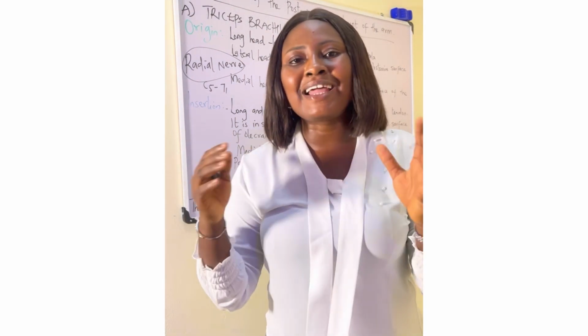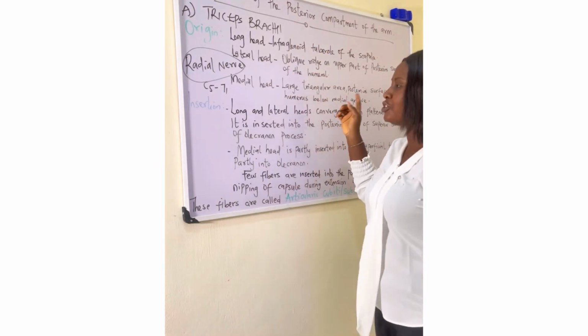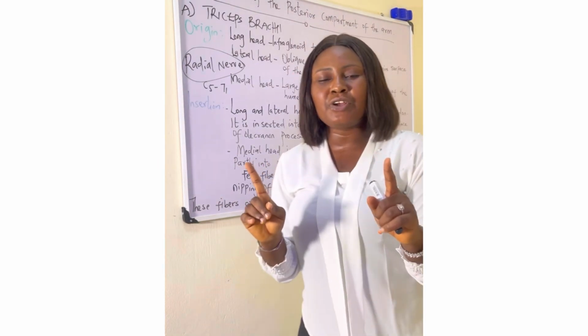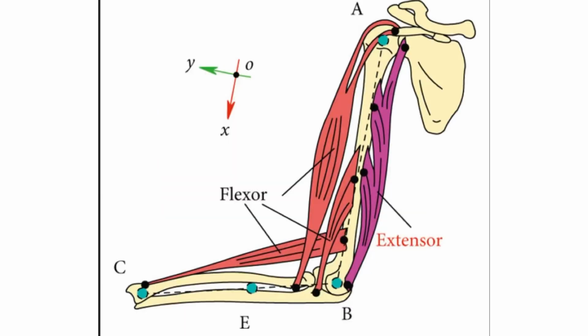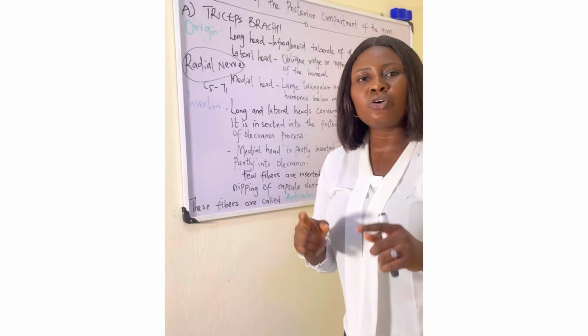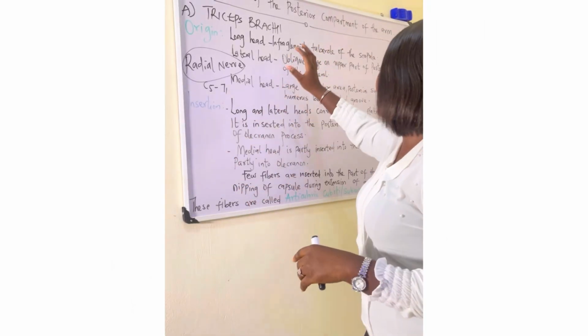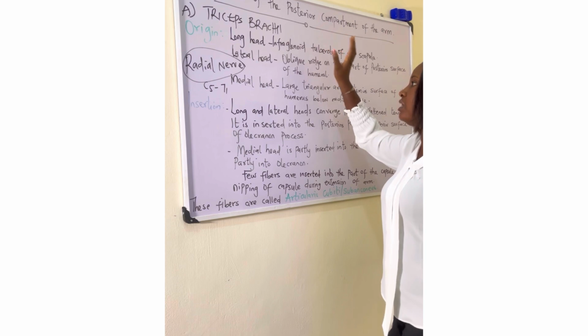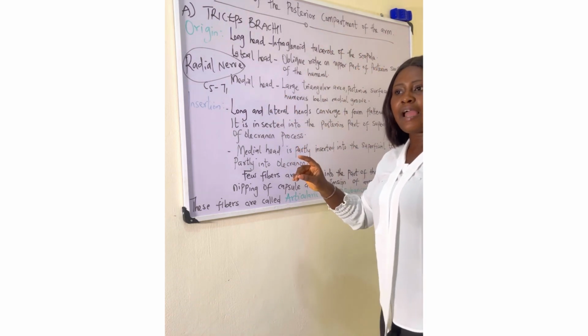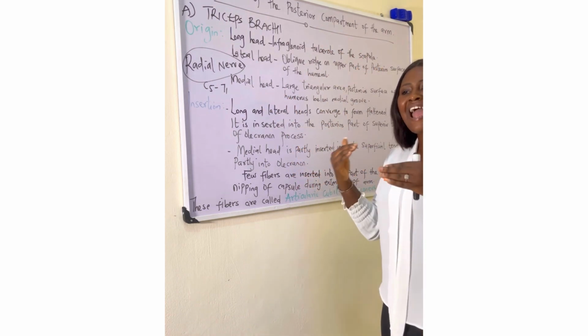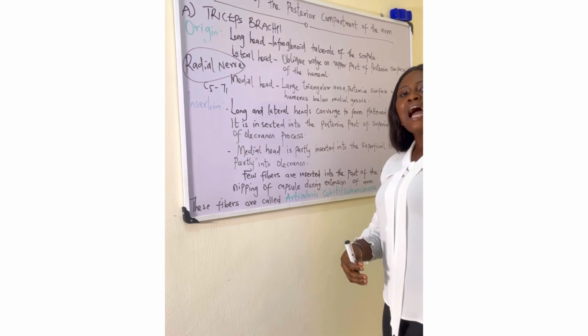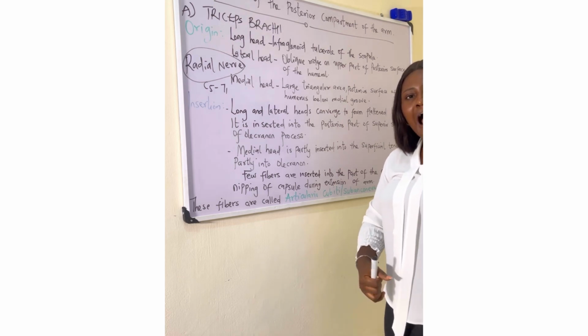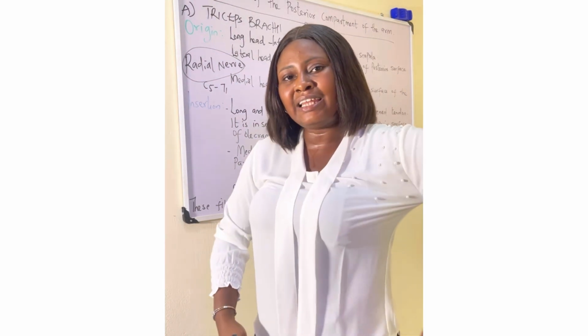Now let's talk about the action of this muscle, the triceps brachii. The first thing you have to know is that the triceps brachii is a powerful extensor of the elbow. And also the long head of the triceps brachii specifically supports the head of the humerus in abduction of the arm, abduction, taking away of the arm.